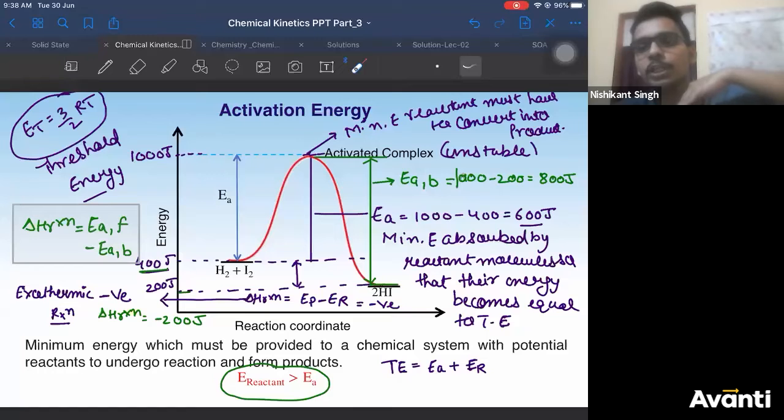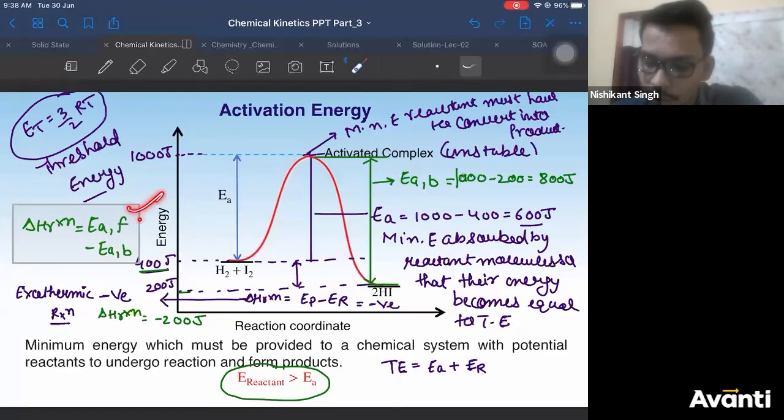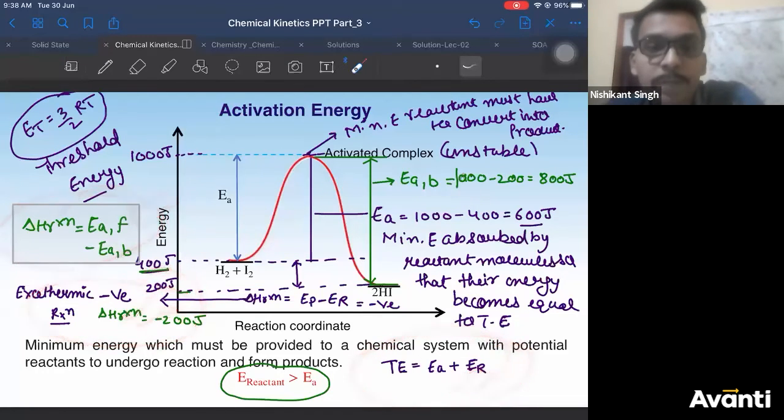If you try to increase it very high, the reactant molecules might get decomposed, right? So that is the reason it is written here, but it's not very important. You can ignore it. For you, this part is important: 1, 2, enthalpy of reaction, 3. These 3 things are very important, right? I hope it is clear.